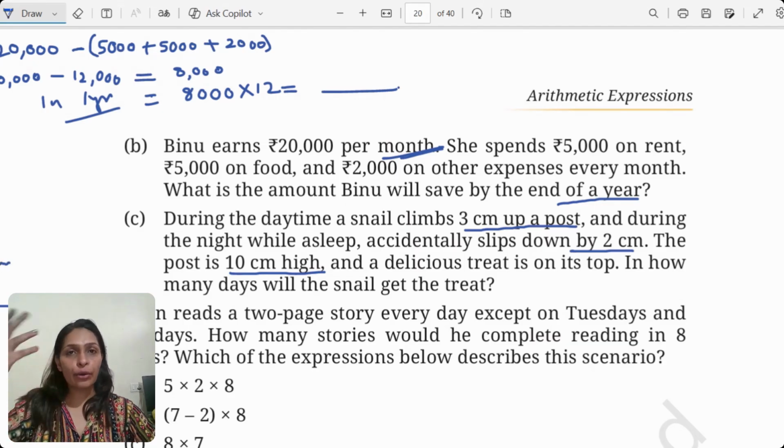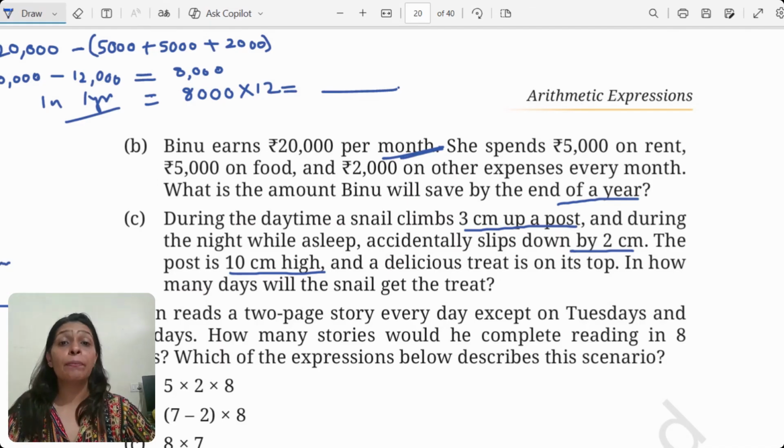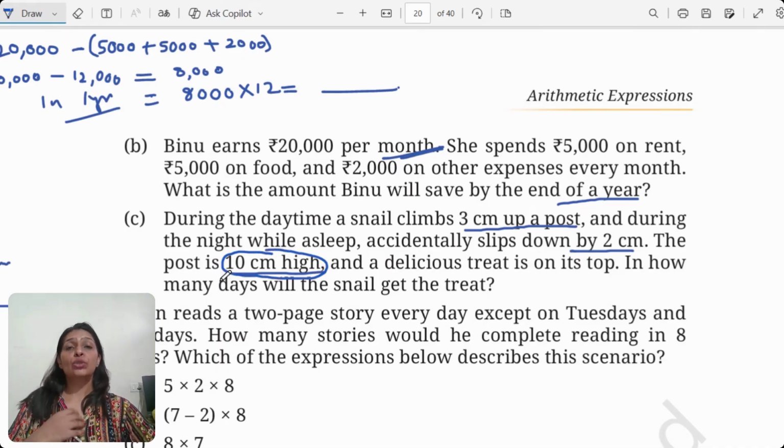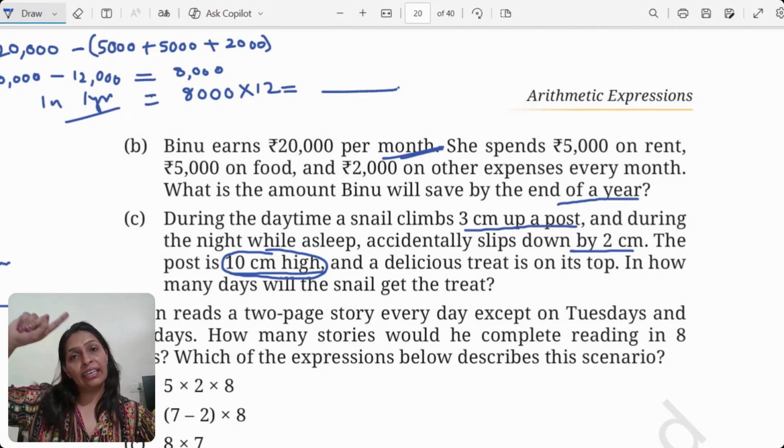So you have to think of how many ups and downs are going to happen. But you also have to keep in mind that this post is 10 centimeter high. It has to reach a 10 centimeter height.